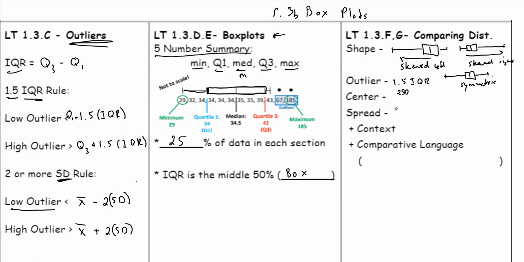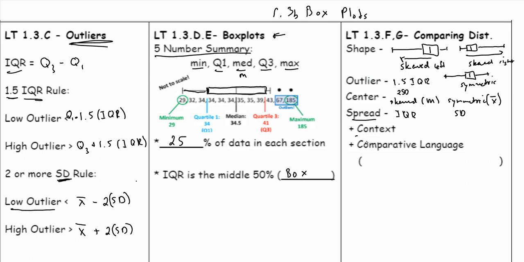For the center, if it is skewed, we're going to use the median. If it's symmetric, we can use median as well, but we can also use our mean, and we could use both because it's going to be relatively the same. For spread, if it is skewed, we're using IQR. If it's symmetric, we could use IQR, but a better thing would be standard deviation, as we talked about before.